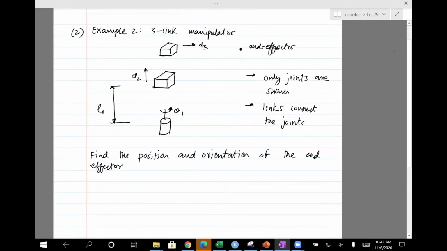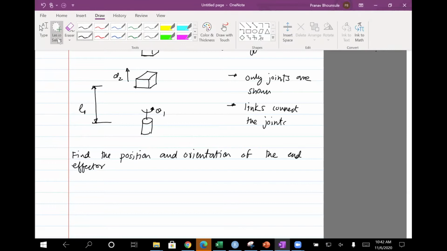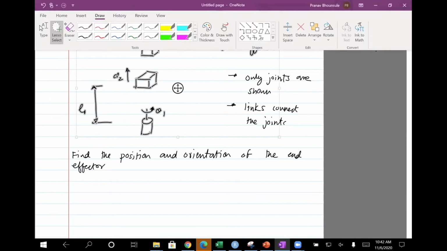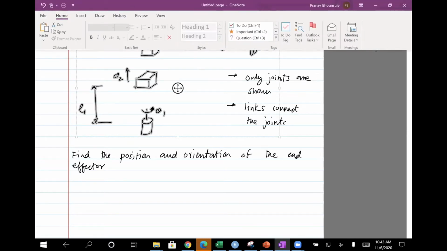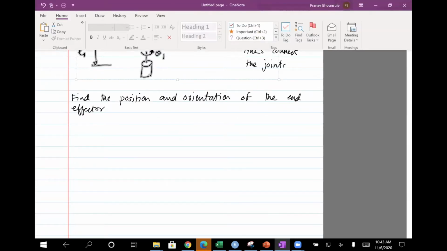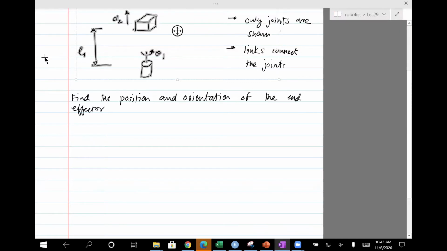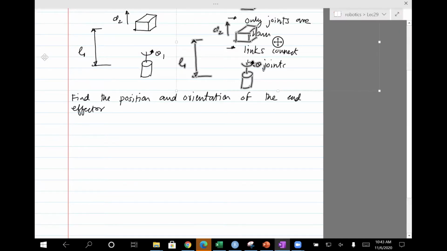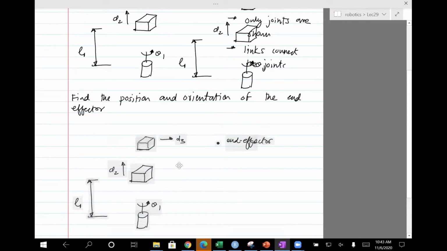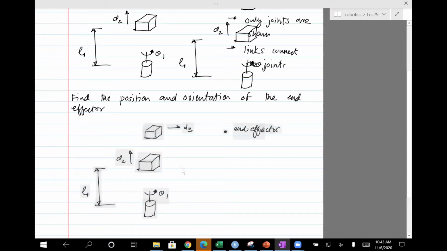So the problem is the same, except that the figure is a three-dimensional manipulator. Okay, so there we have.